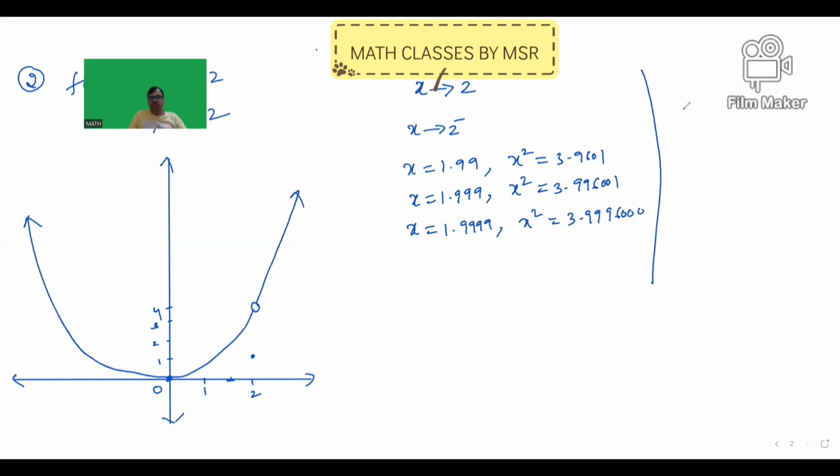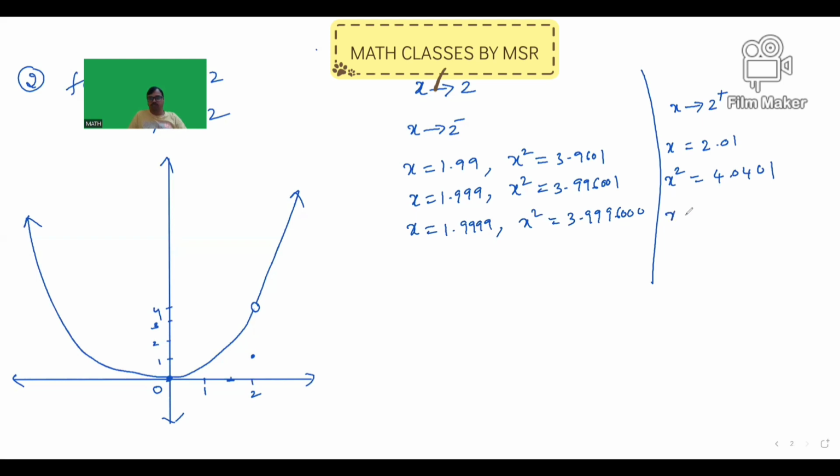What happens when x is approaching 2 from the right? 2 plus values. That is, x equals 2.01, then x square will be 4.0401.